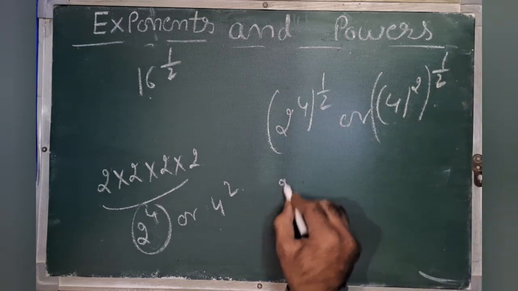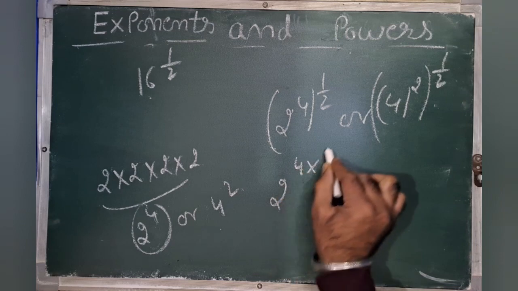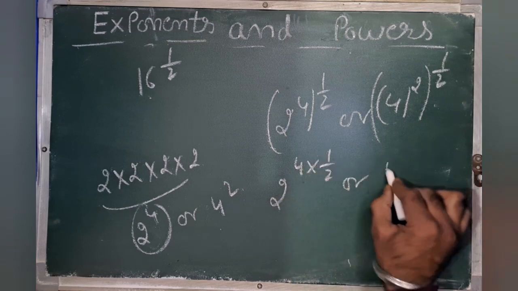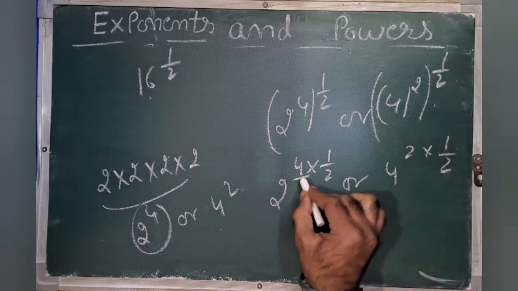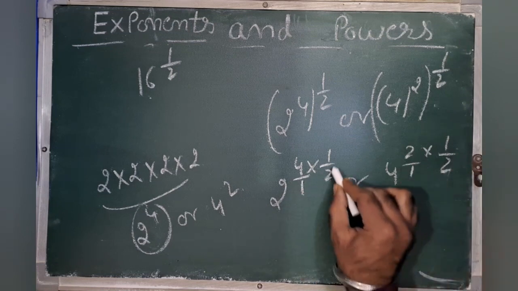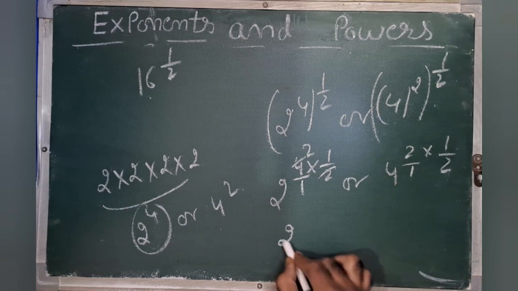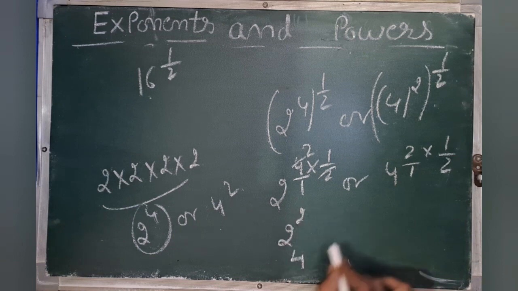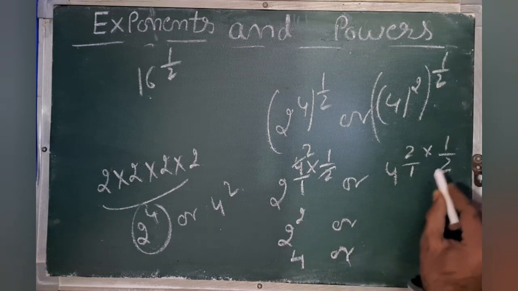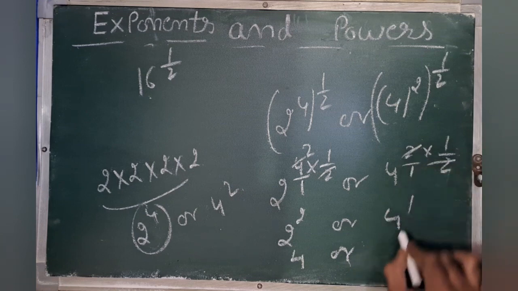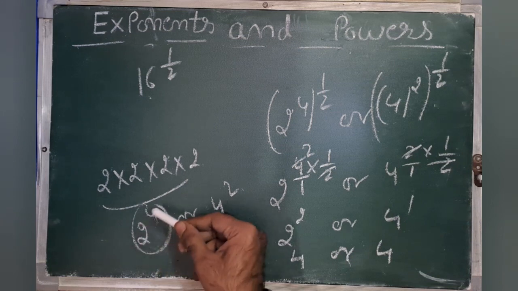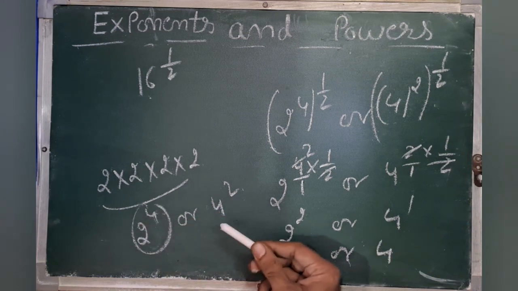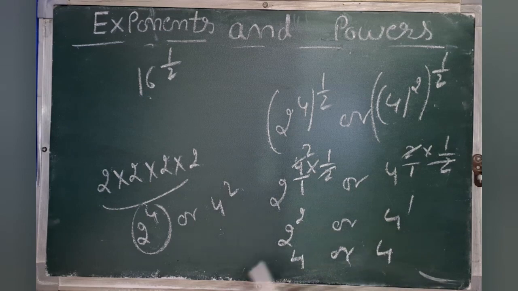So what do we do in this? 4 multiply 1 by 2, and 2 multiply 1 by 2. We can convert this into fraction form. 4 by 2 gives 2 power 2, that means 4. Or 2 with 2 cancel, 4 power 1, that is 4. So it depends only on the question whether we use 2 power 4 or 4 power 2.